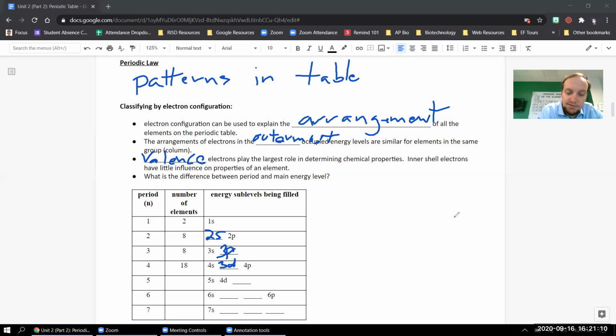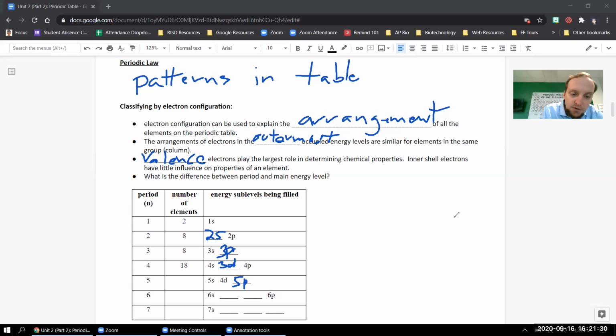Period 5, again, you have your 5s, 4d, 5p. On your 6th energy level, again, it's a little more complicated because you're down here. You have to go through the F block down here. Then you travel back up, go through your D block, and then finish going all the way through the P block. So it's a little more complicated.